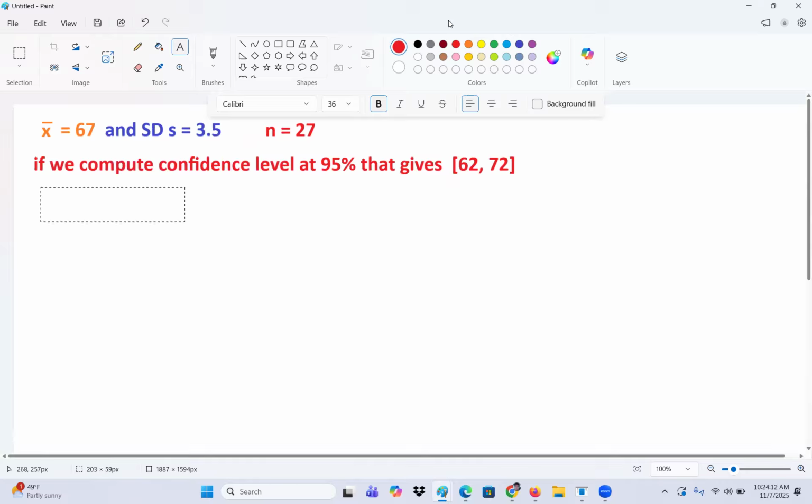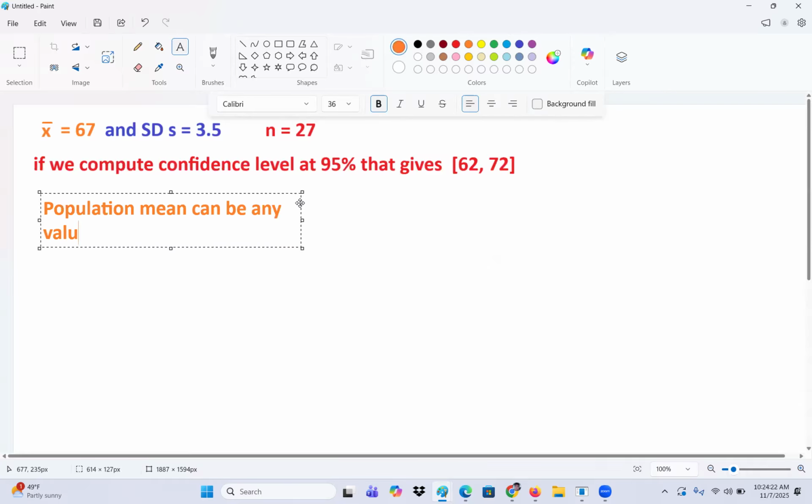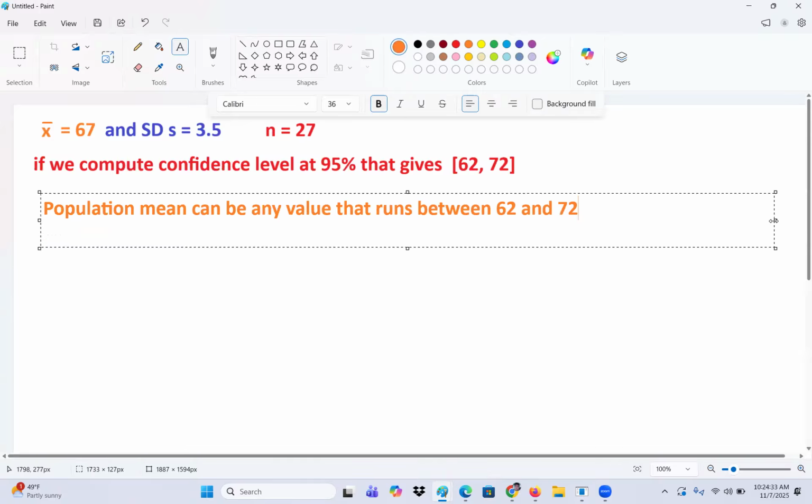So if we test, meaning the population mean can be any value that runs between 62 and 72. So this one we have no kind of information, right?